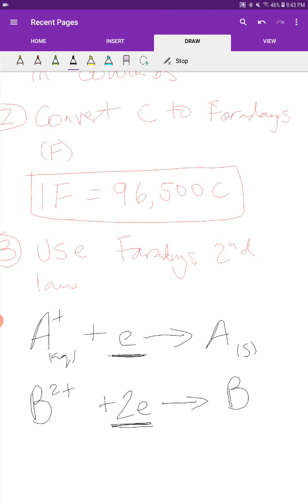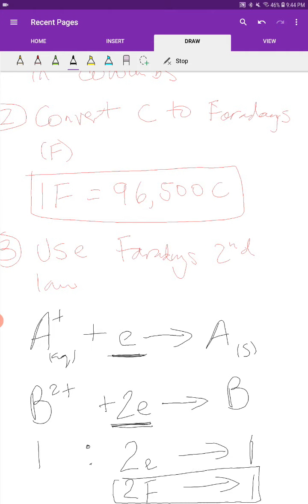So what this equation is telling you is that 1 mole of B2+ ions reacts with 2 moles of electrons to give you 1 mole of B. If we utilize the second law, what it tells us is that 1 mole of B2+ ions gains 2 Faradays of charge to produce 1 mole of B. So you set up an equation between Faradays and the number of moles of the product that you want.